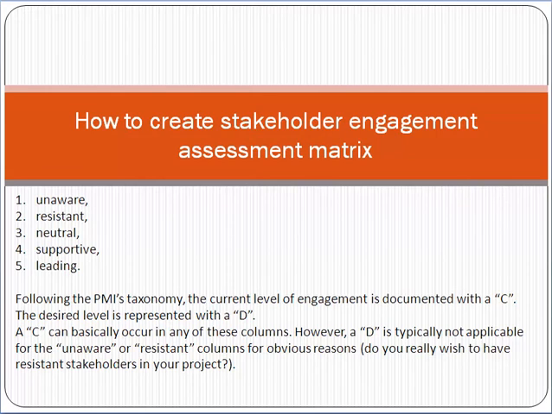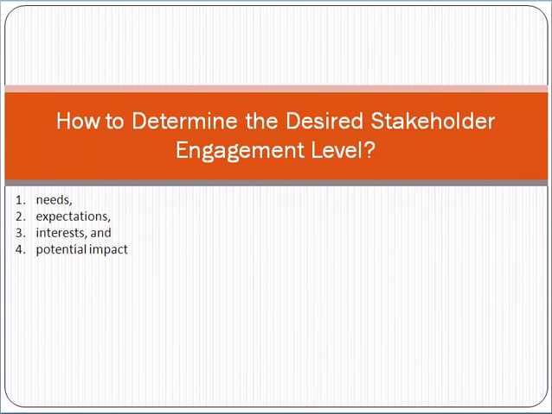So following the PMBOK taxonomy, the current level of engagement is documented with C, and the desired level is D. How to determine the desired level of engagement?